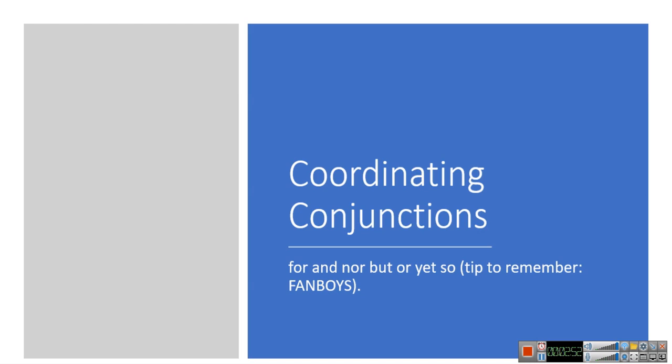And we have coordinating conjunctions, which are the easiest ones. I'm sure you already use them very well. We have for, and, nor, but, or, yet, so. A tip to remember this is with FANBOYS. So F for, A for and, N for nor, and so on. These are coordinating conjunctions.